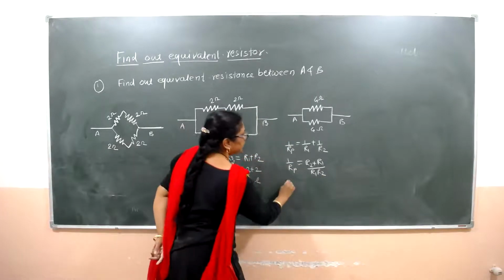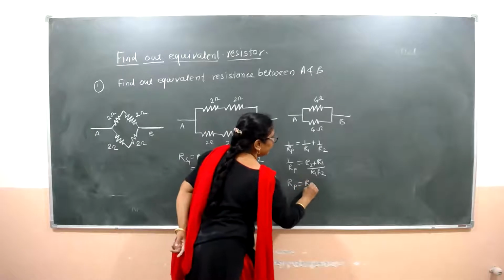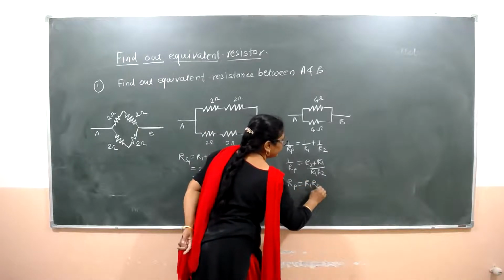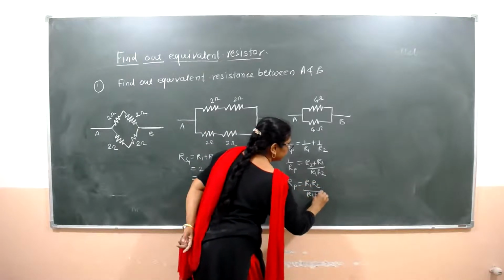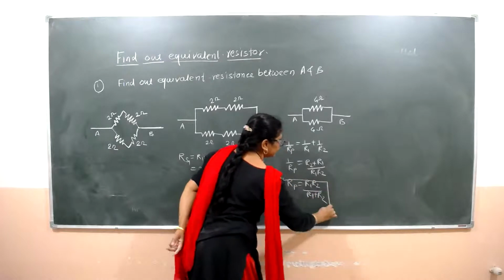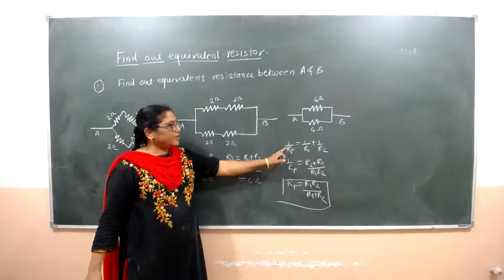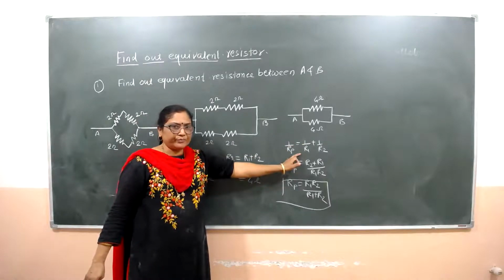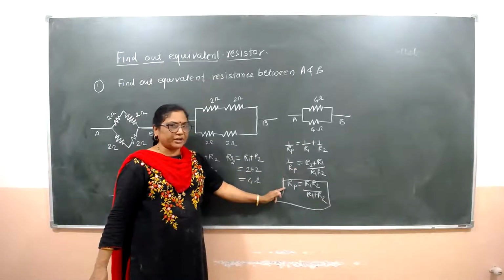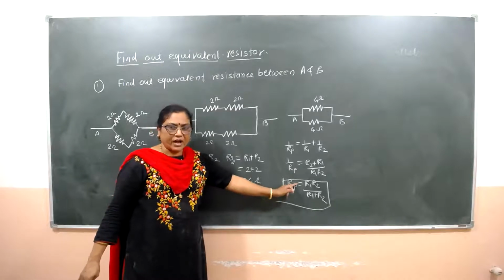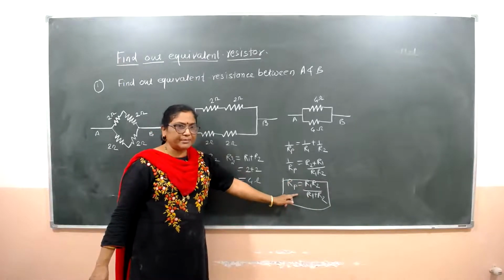Cross multiply. Therefore, Rp is equal to R1 R2 divided by R1 plus R2. This formula is also equal. Use 1 by Rp is equal to 1 by R1 plus 1 by R2, or otherwise use the similar formula, Rp is equal to R1 R2 divided by R1 plus R2.